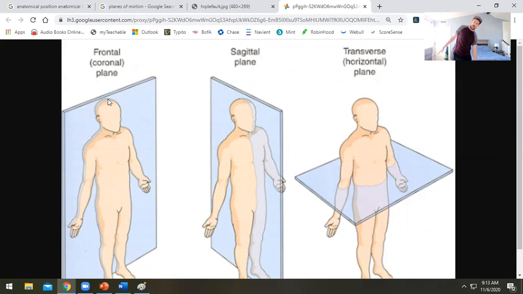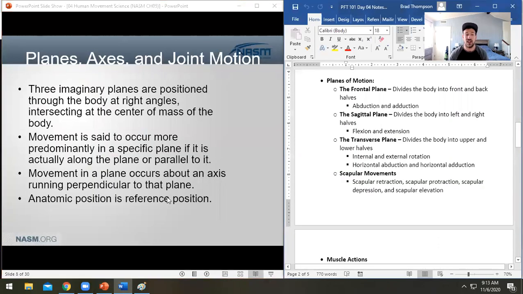I can do things like this. These are all frontal plane motions, side to side motions. Imagine you're on a tightrope and you can only move this way. That's a frontal plane movement. So things like abduction, adduction, lateral flexion, those movements are all frontal plane movements.